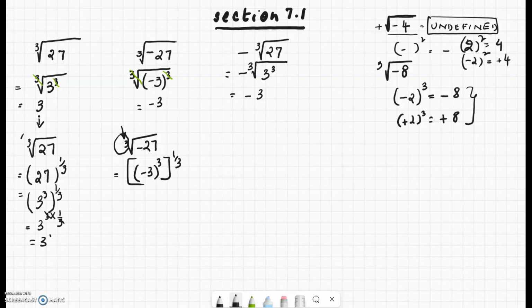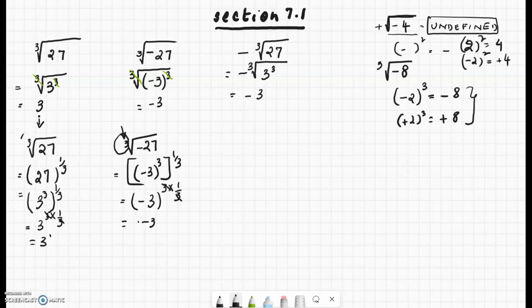Remember, the cube root translates to 1/3. So negative 3 to the power of 3 times 1/3 is equal to negative 3.